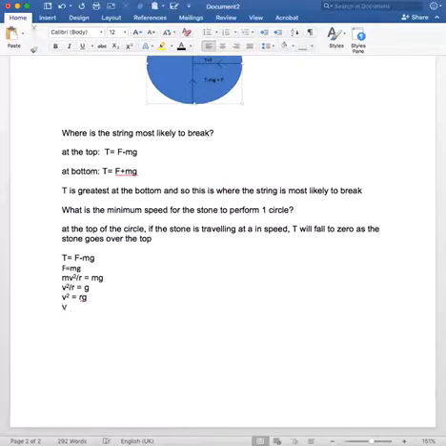So we have v equals rg to the half. So there is the minimum speed for a stone moving in a vertical circle of radius r. That is the minimum speed for it to continue that circle. Hopefully that's clear to you. And that's the end of my second video on circular motion.